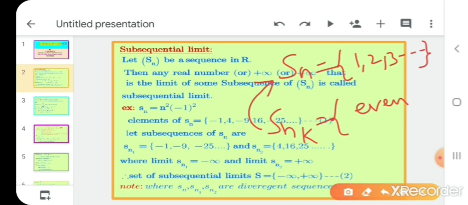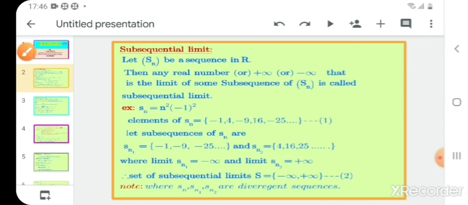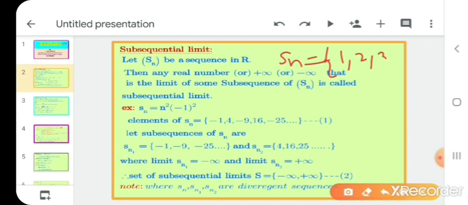Tell me, how many subsequences can we write for a sequence? Here Sn is a sequence with elements 1, 2, 3 and so on. What are the possible subsequences? Let Snk be one subsequence, with only even numbers.